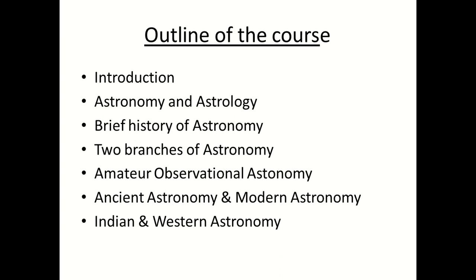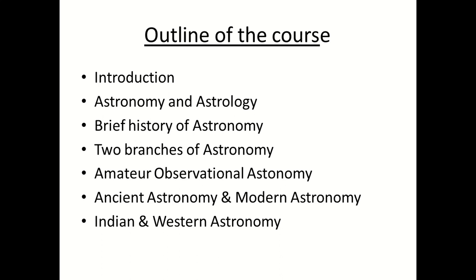Another topic is amateur observational astronomy, which includes the different amateur observing techniques. Then we will have a look into ancient astronomy and modern astronomy, and finally a comparison between Indian and Western astronomy. So these are the topics which we will discuss in this first unit.